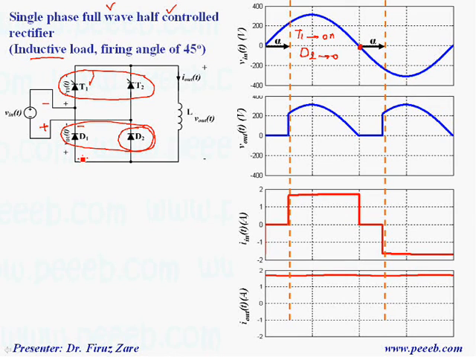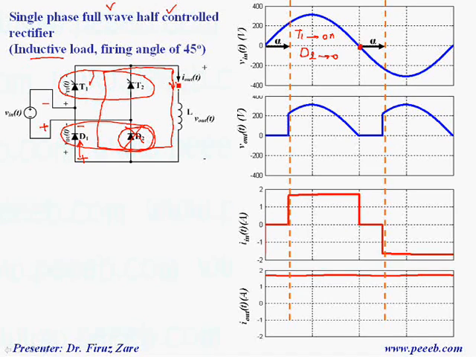So in this case we turn off this diode and we just circulate the load current through this D1 and T1.